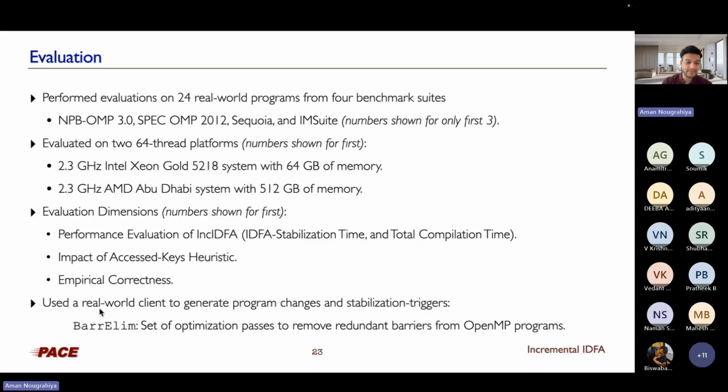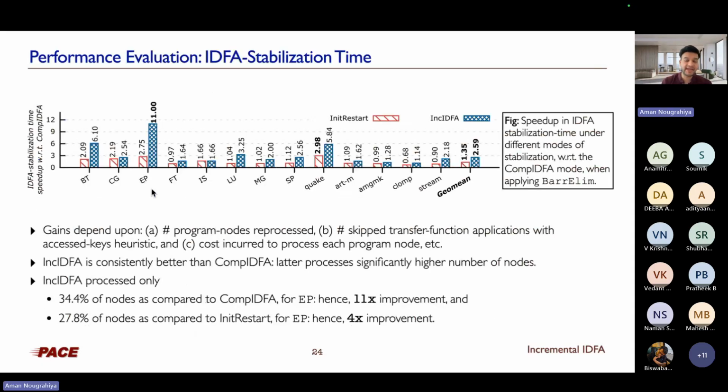This is BarElim, which is one of the set of optimization passes in IMOP, which helps to remove redundant barriers from OpenMP programs. In this graph, we show the speed up in IDFA stabilization time for Inc IDFA and init restart as compared to the baseline, which is comp IDFA.